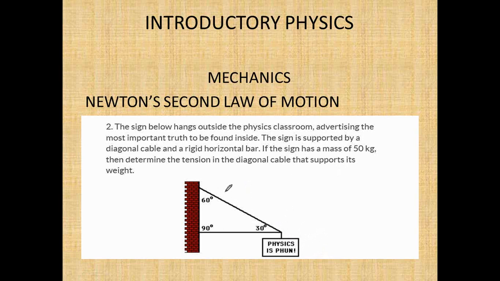This is the tension in the cable, call that T. The force due to gravity of the sign is the mass of the sign, which is 50 kilograms, times the acceleration due to gravity, which is 9.8 meters per second squared.